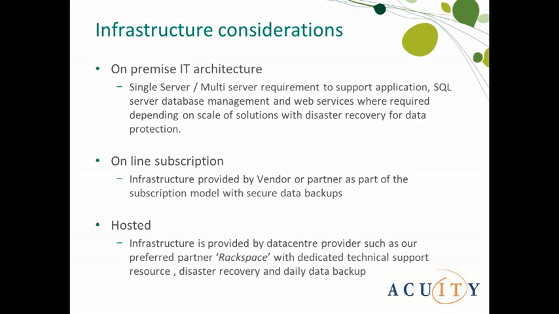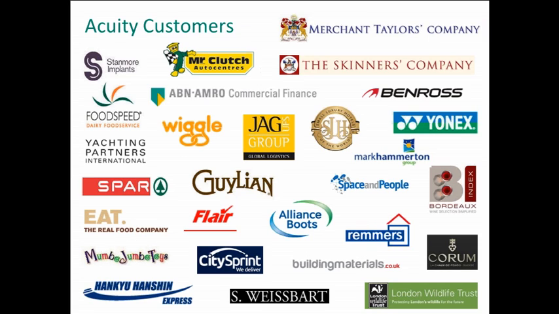So again, dependent on your circumstances and your existing IT infrastructure, do speak to us about the options that are open to you for the particular solution that you choose, and we'd be happy to advise you on all of those, including the online subscription and hosted infrastructure options.